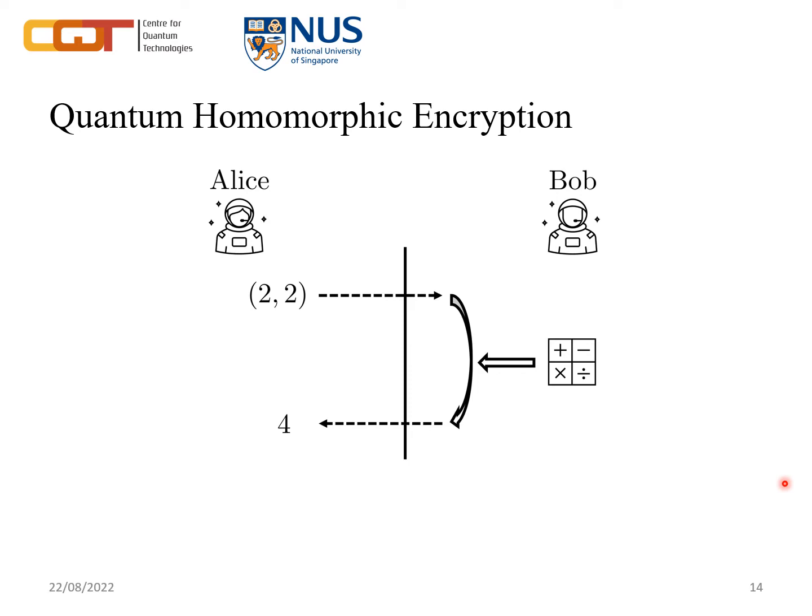If an honest Alice inputs 2, 2 and receives 4 as output, she will learn that Bob applies either addition or multiplication, but she doesn't know which operation Bob applies exactly. So this is what an honest Alice can learn from Bob's output.